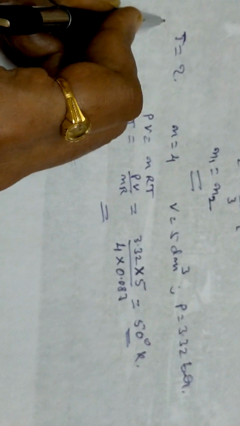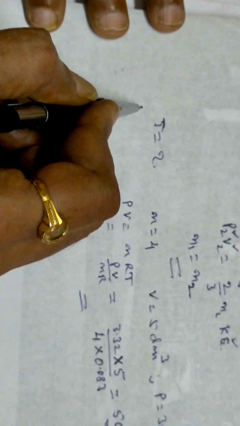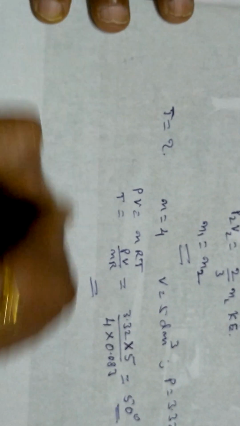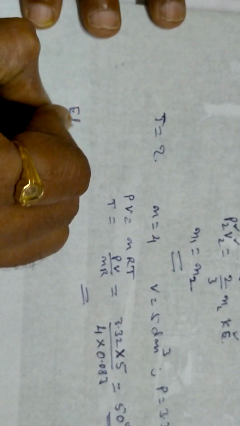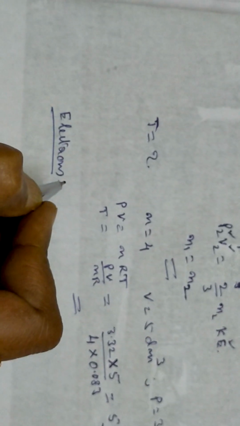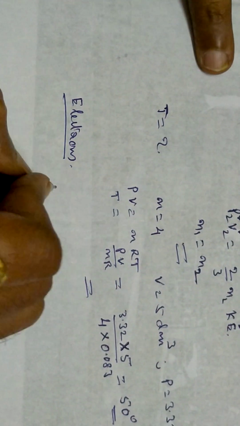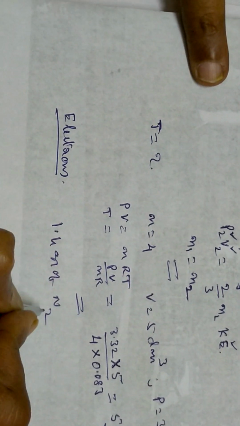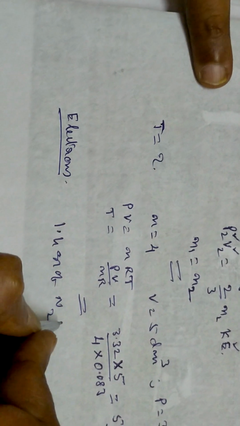Now the next question: calculate the total number of electrons. It is a tricky question, but it is very simple. Calculate the number of electrons in 1.4 grams of nitrogen gas, dinitrogen gas.